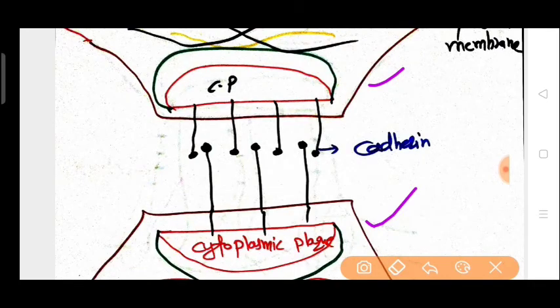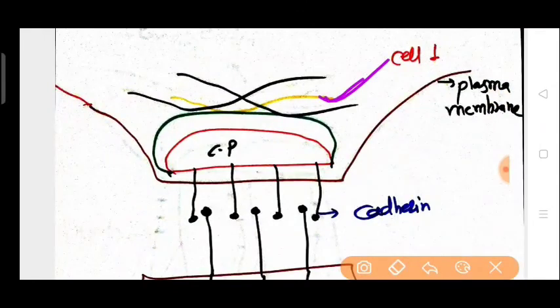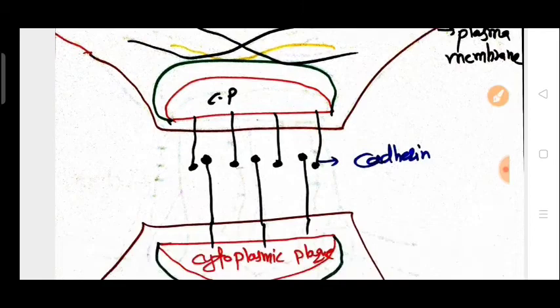And each plaque is associated with a thick network of keratin intermediate filaments. This is all about the desmosome.